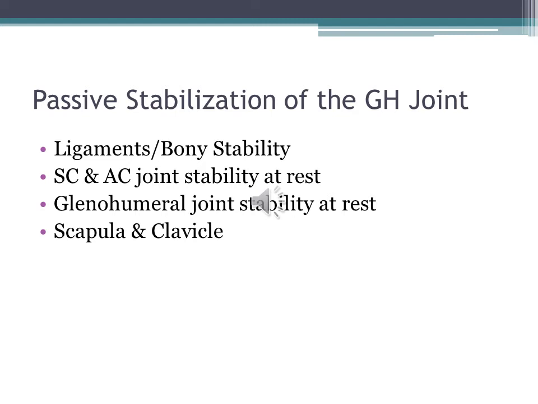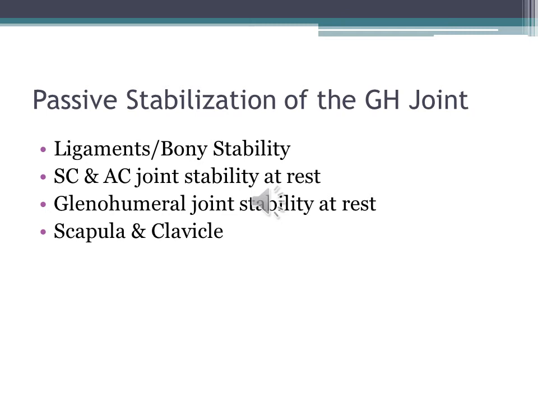A lot of the passive stabilization that occurs happens through the ligaments surrounding the actual joint itself. When we look at the SC and AC joints, their stability at rest is completely provided by the ligaments. Okay, so the ligamentous structure there is very important at the SC and AC joints. As we see with the glenohumeral joint, obviously there's ligaments that do provide.